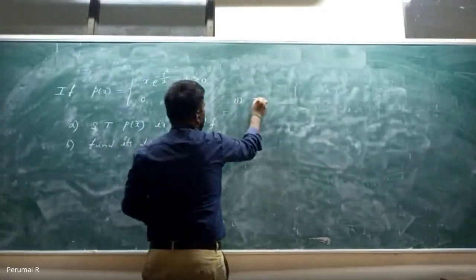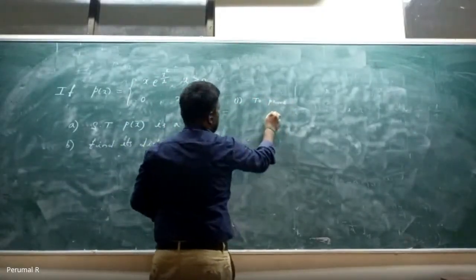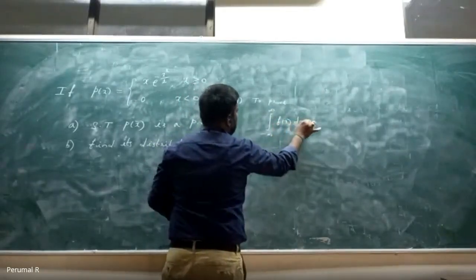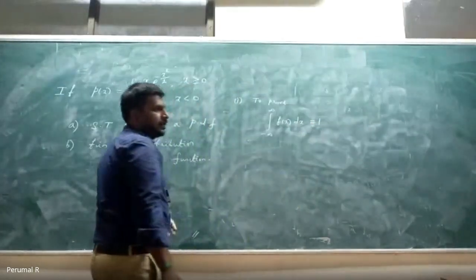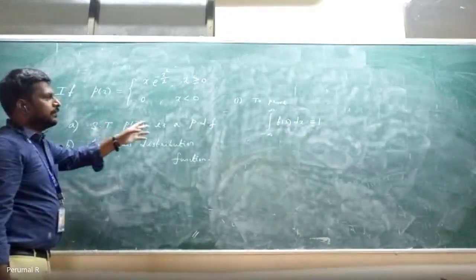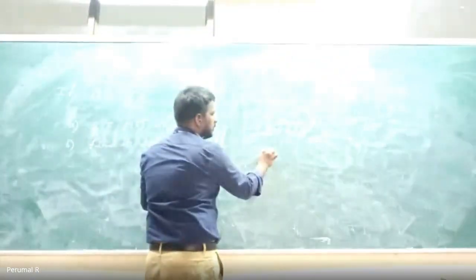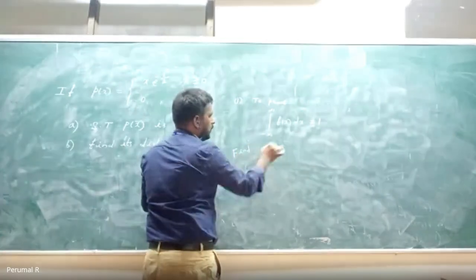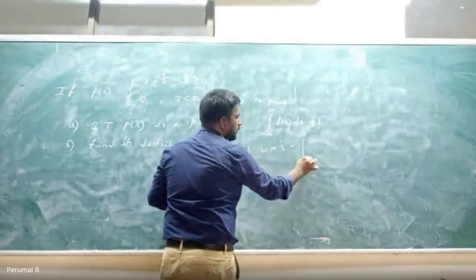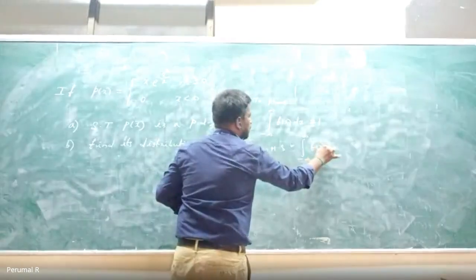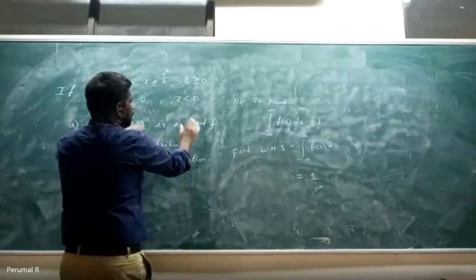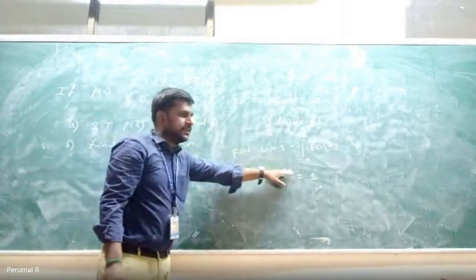So to prove this, minus infinity to infinity f of x dx equals 1. You should find out only the left hand side, minus infinity to infinity f of x dx. If it equals 1, then the given function is definitely a probability density function.